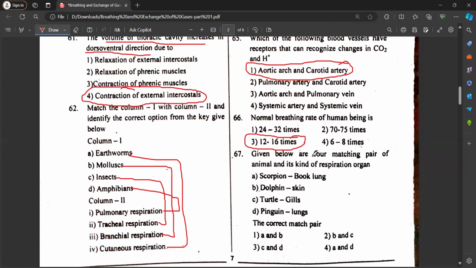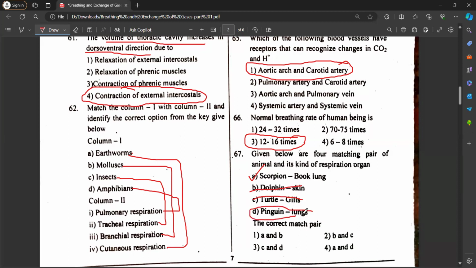Next, given below are 4 matching pairs of animals and their kind of respiration. The correct matched pair: scorpion, book lungs. Yes, of course it is correct. Dolphin, skin. No, skin does not act as a respiratory organ in dolphin. Turtles, gills, no. Penguin, lungs.